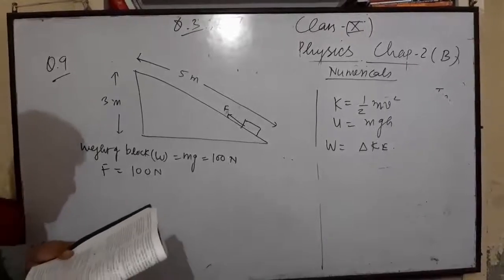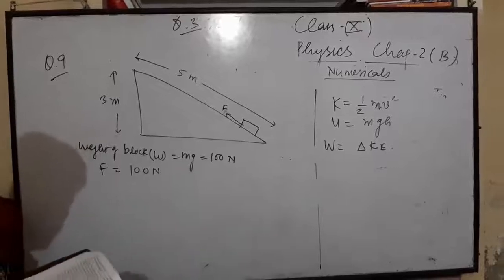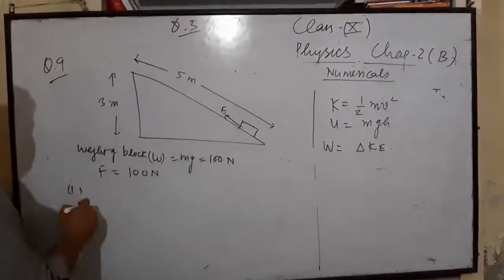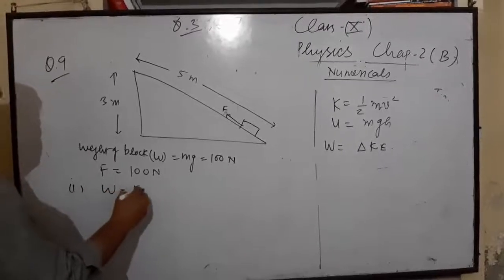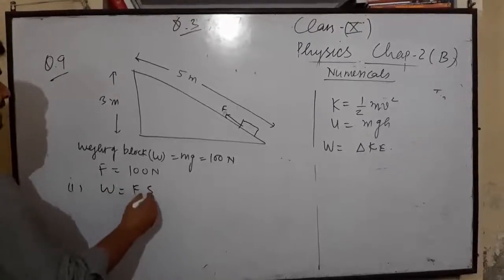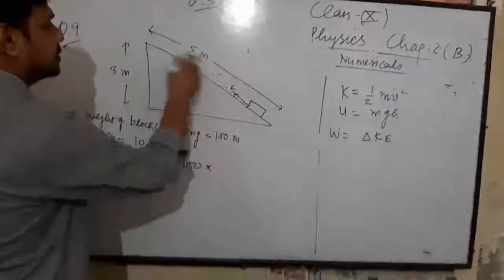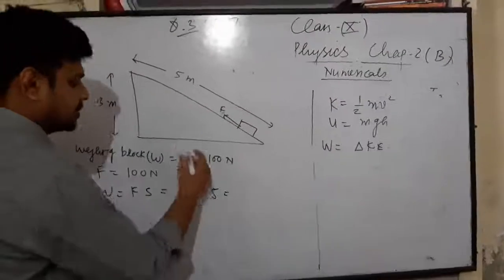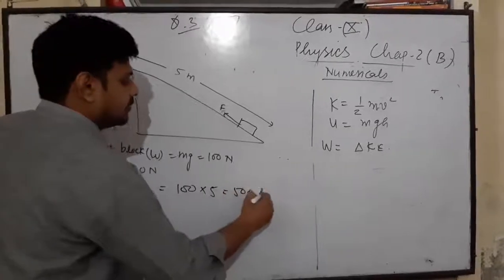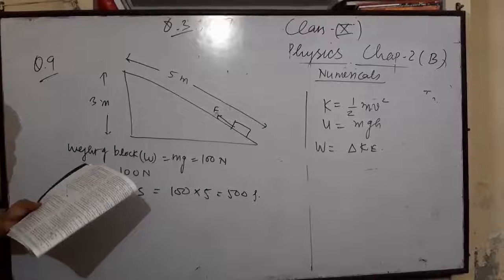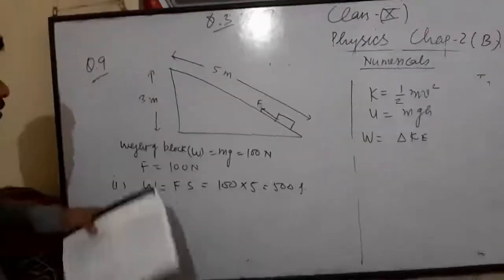What is the work done by the force in moving block A 5 meter along the slope? Work done by the force is F into s. So F is 100 Newton and the displacement is also 5 meter in the direction of this force, so 500 joule. What is the increase in potential energy of the block?